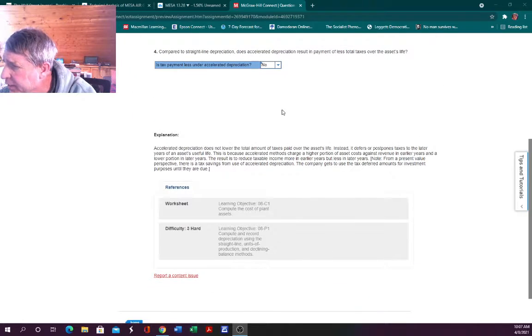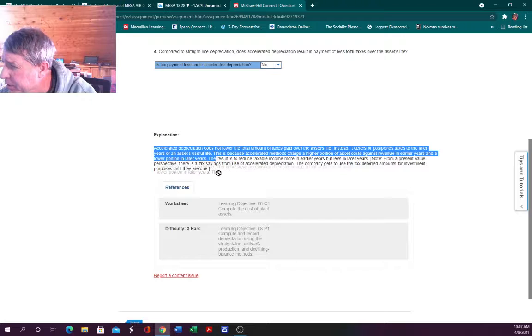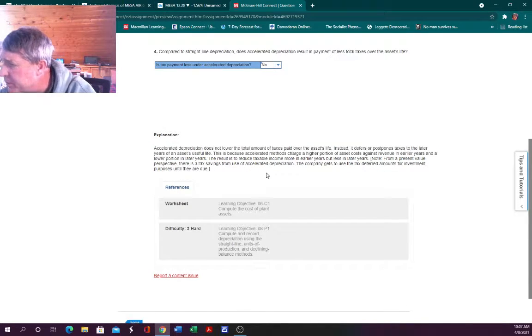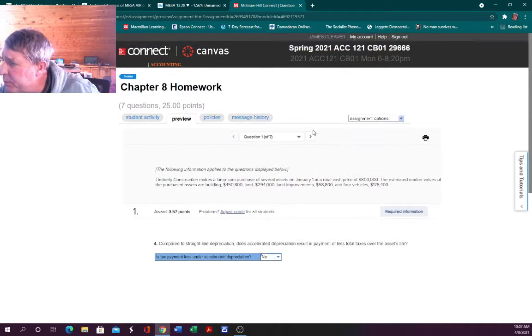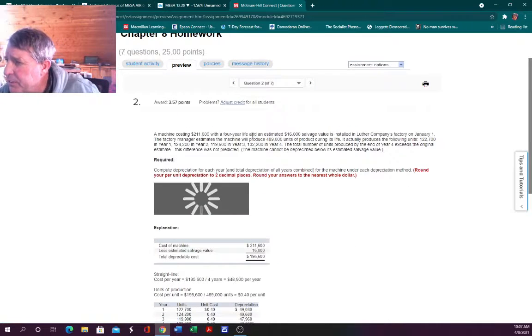And so this is getting you to depreciate. Here's the explanation down here. Accelerated depreciation does not lower the total amount of taxes paid over the asset's life. Okay, that's pretty simple. Let's go to number 2, which is where Joel lives here.